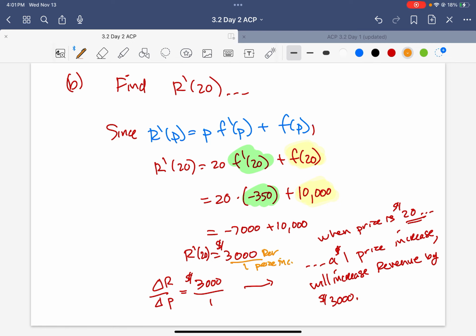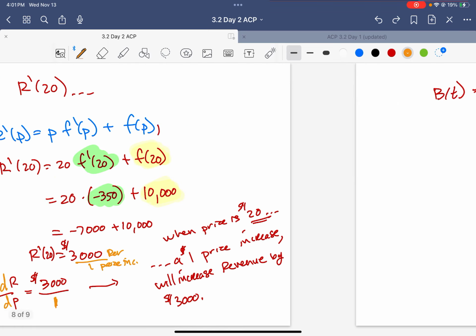So at a price of $20, if you were to have a change in price of $1, you would get a change in revenue of $3,000. That's my change in revenue with respect to price. If this goes up by $1 when you're at 20, then your revenue is going to go up that much.